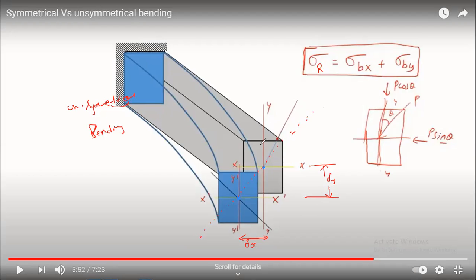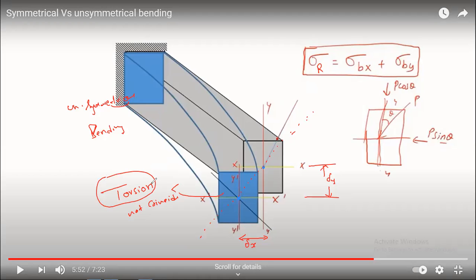But there is a question, sir. If the centroids of these two planes are not coinciding, what happens? Then torsion comes into picture. Understand? If the centroid of the plane before bending and after bending are not coinciding, then your beam will undergo torsion also.